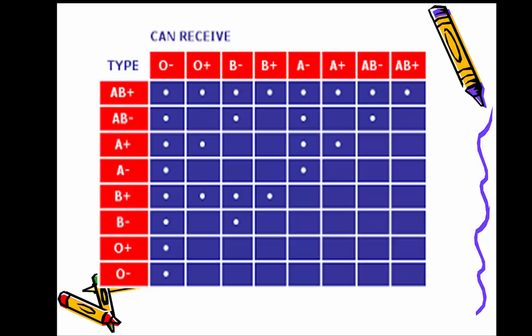And if you are AB positive, you can receive every type of blood. So there is a universal donor, which would be the person who could donate the blood, our O negative person. And we have a universal recipient that can receive all blood types, which would be our AB positive.